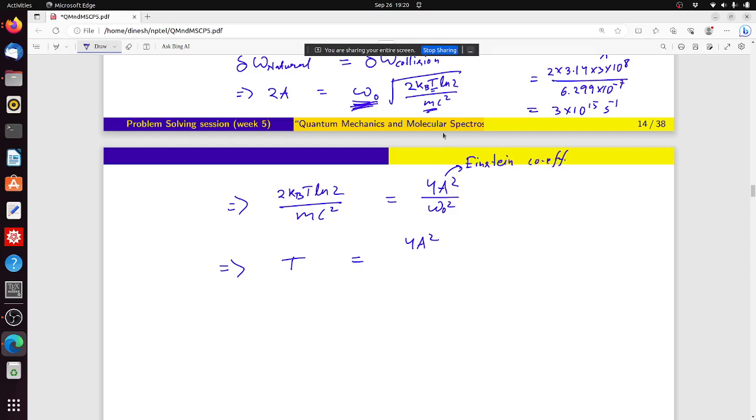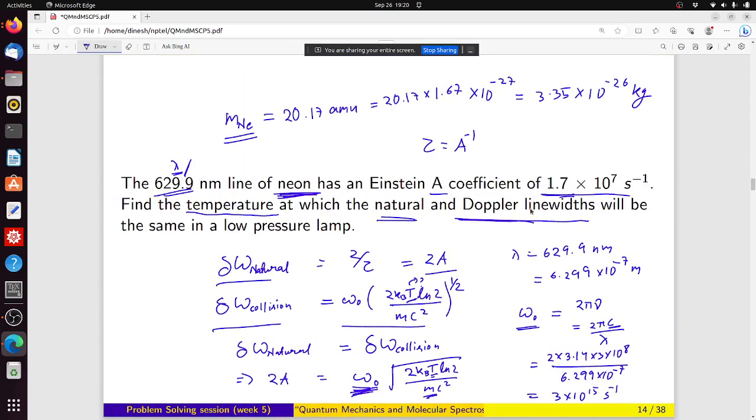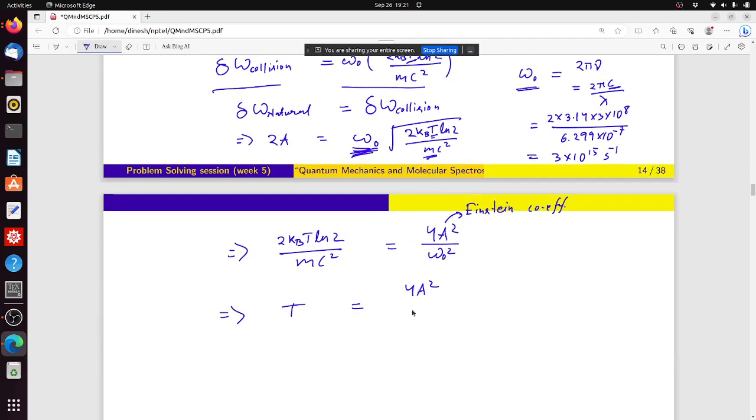This value is also given in this question. mc square by 2 kB ln 2 omega naught square.